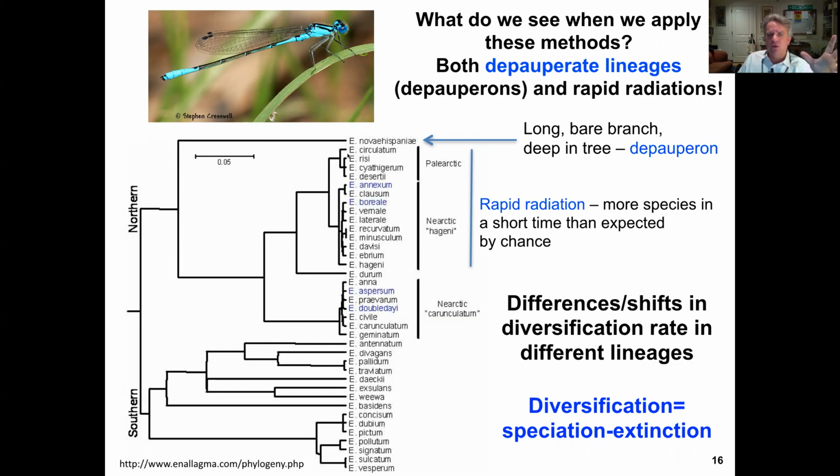On the other hand, look at this group here, where in a very short period of time, we have the evolution and diversification of many, many species. Almost half of the species in this phylogeny are all in this very closely related shallow clade. This would be a rapid radiation, where we're seeing more species in a given time interval than we expect by chance alone.